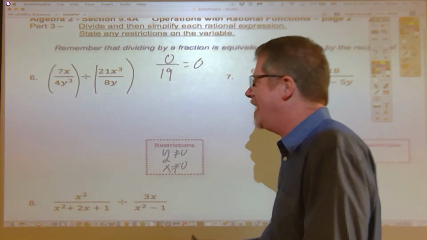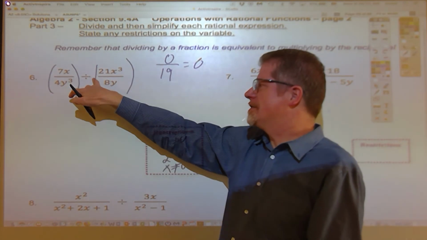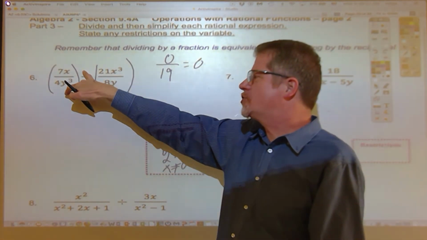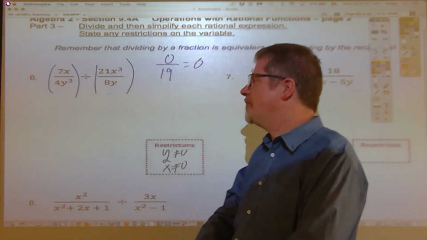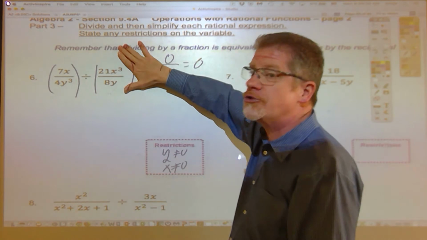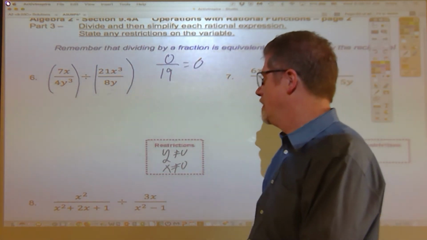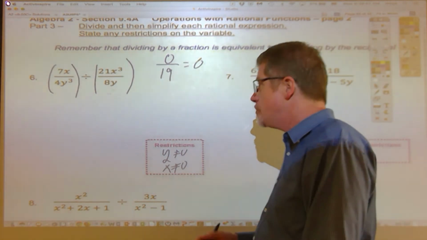So that's why, just based on the original problem, you have to be extra attentive when you see that division sign there. It's like, okay, I've got to watch out for things that would cause this fraction to have division by 0, but what if the fraction itself has a value of 0? So that's the basis on which x cannot equal 0 and y cannot equal 0.